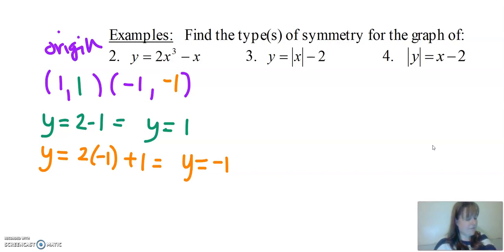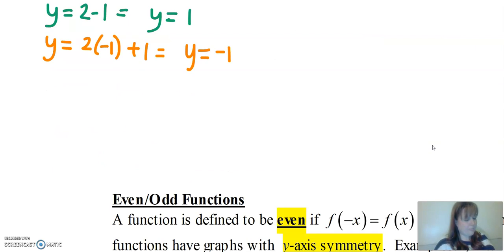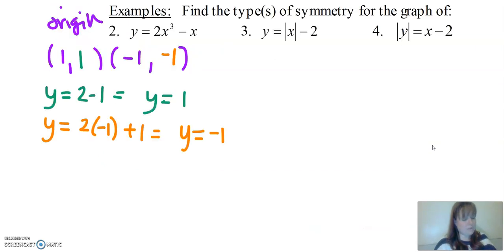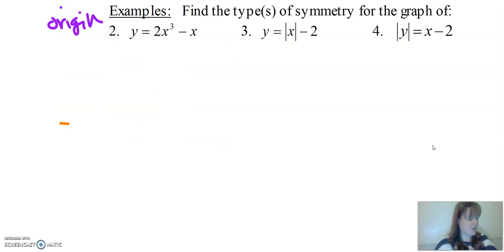We could do the mathy exhaustive proof here. Now that we believe it has origin symmetry, let's just check. So what I have to do for the proof is I say y equals 2x cubed minus x. I replace x with -x, and then I replace y with -y.